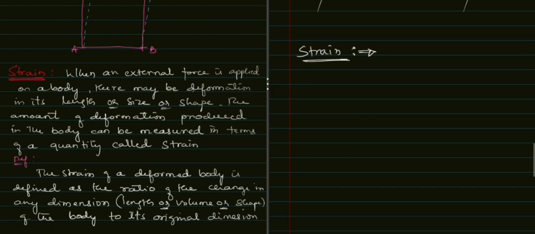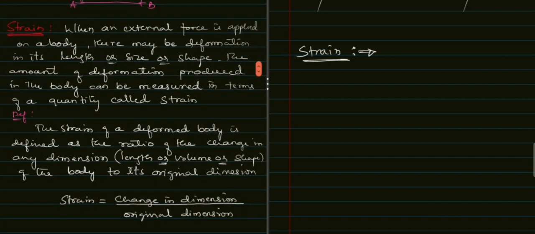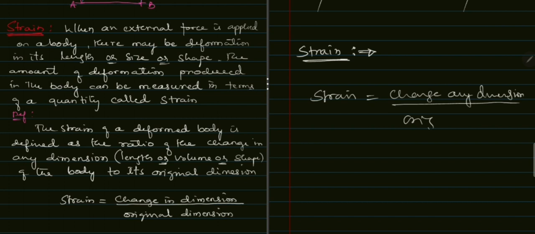The amount of deformation produced in the body is measured by a quantity called strain. Another definition: the strain of a deformed body, deformed meaning changed, is defined as the ratio of change in any dimension to the original dimension.